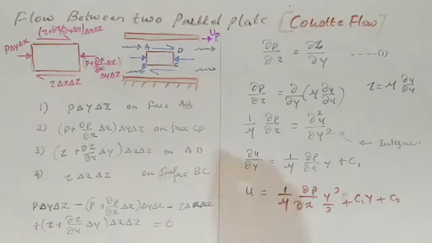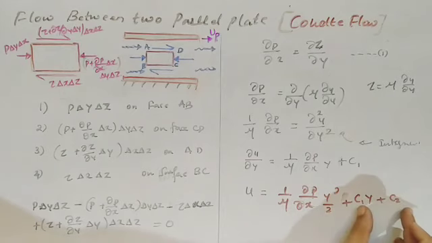So this is the u equation. Now this is the velocity, but we have integration constants in this equation.